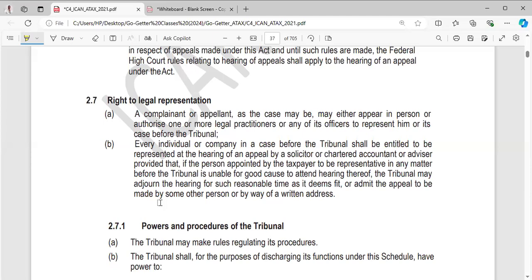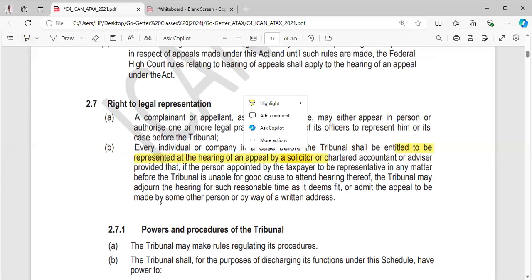Take note here, a solicitor, or who? A chartered accountant. For emphasis, a solicitor or a chartered accountant or advisor, provided that if the person appointed by the taxpayer or representative in any manner before the tribunal is unable for good cause to attend the hearing thereof, the tribunal may adjourn the hearing for such a reasonable time as it deems fit.